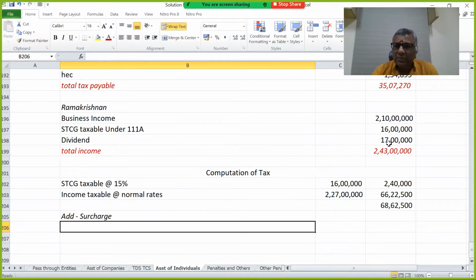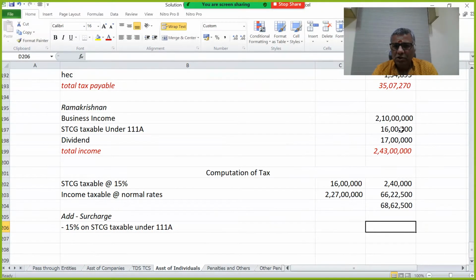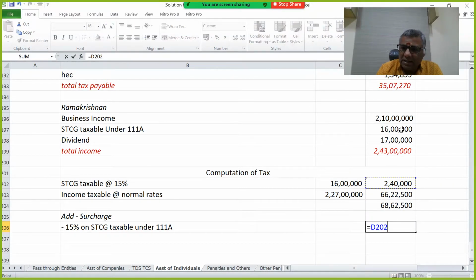Surcharge: 15% on STCG taxable under 111A. For this the surcharge is 15%.